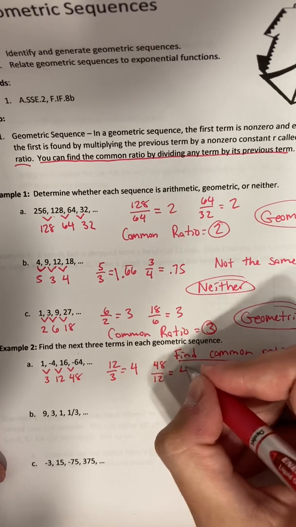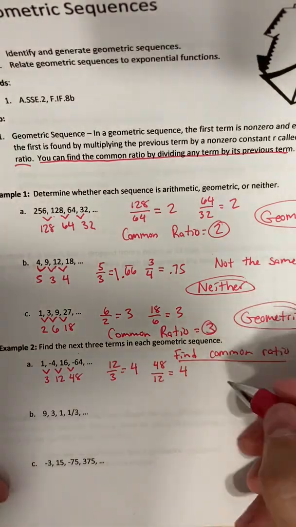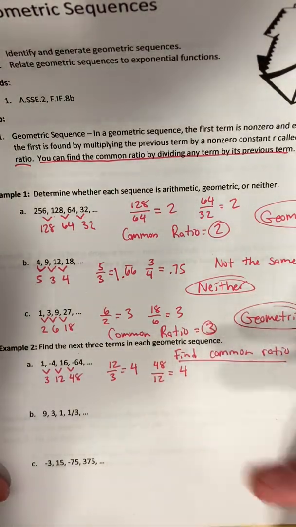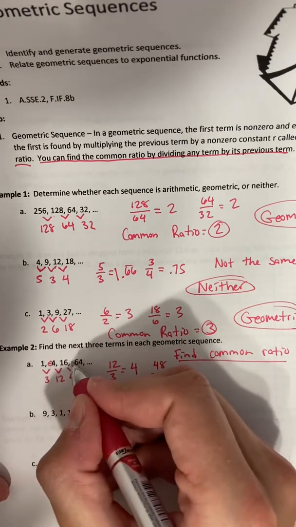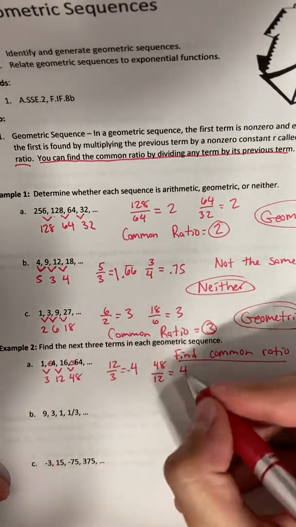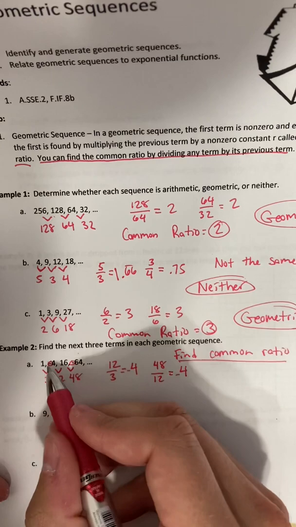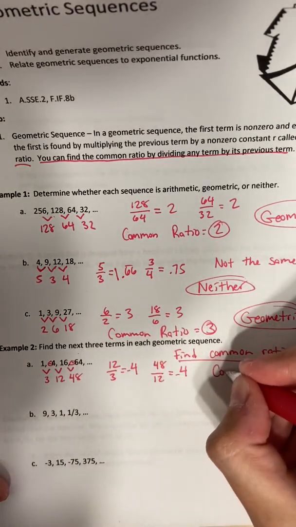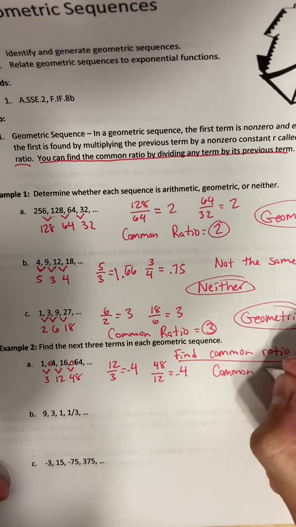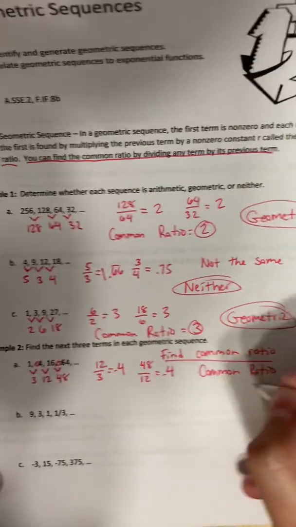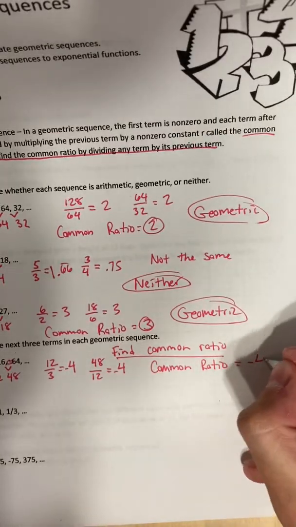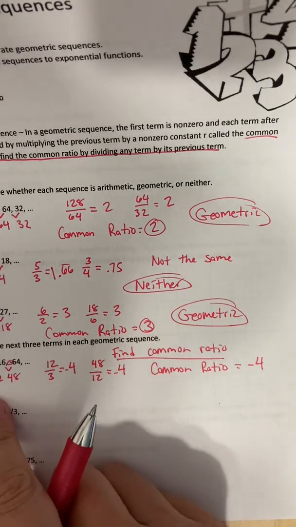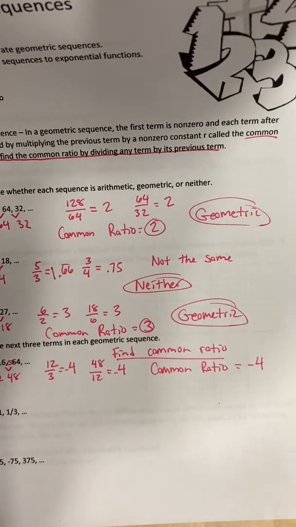I also know that to be 4. So the common ratio is going to be 4. But keep in mind we have these negatives right here. So if you just plop a negative sign in front of there, that'll give you the common ratio here. So our common ratio is -4.